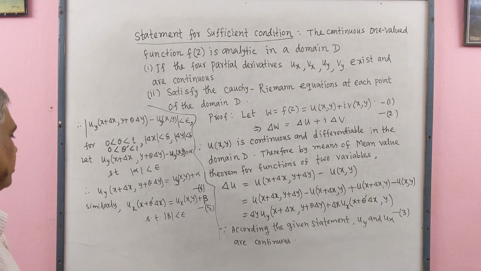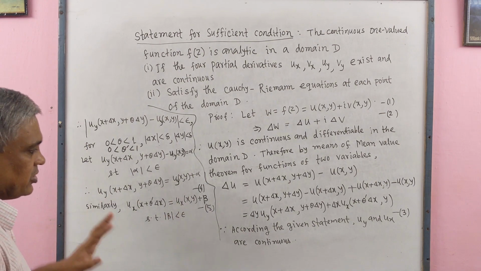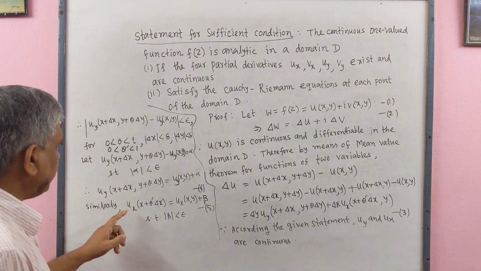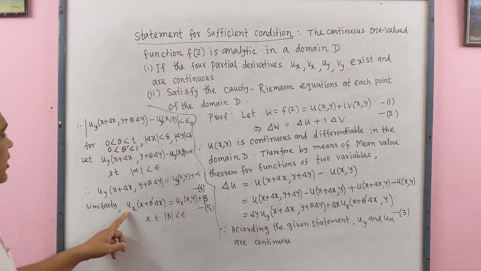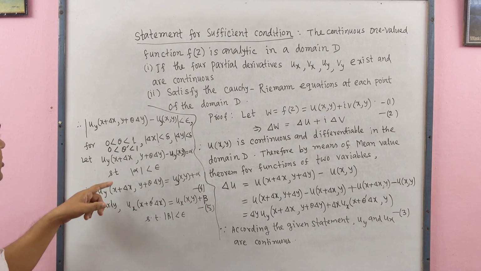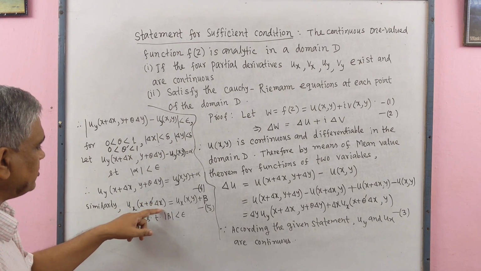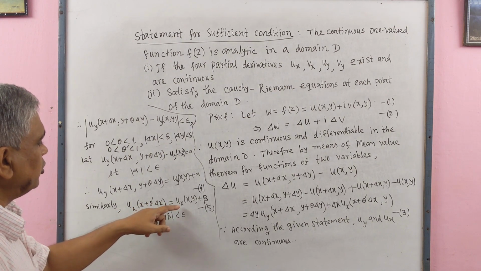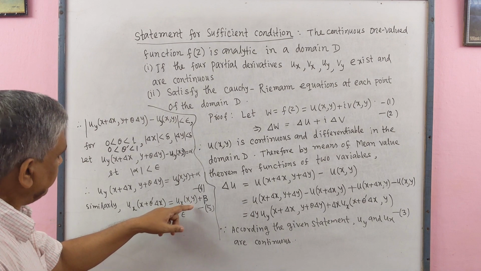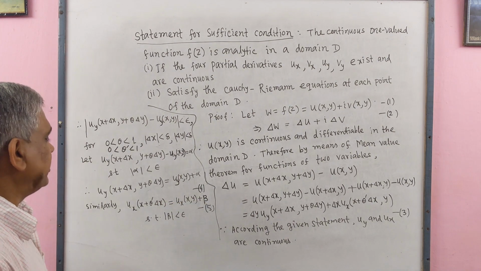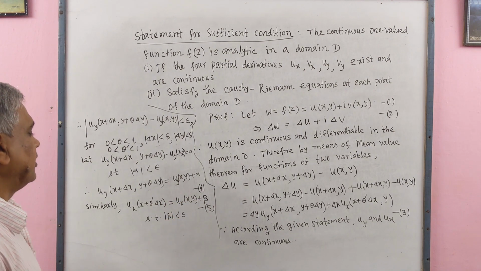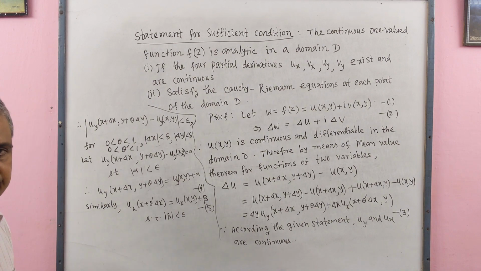This is equation 4. Similarly, ux is continuous, and similar to equation 4, we may write ux(x plus theta' delta x, y) equal to ux(x, y) plus beta, where modulus of beta is less than epsilon.